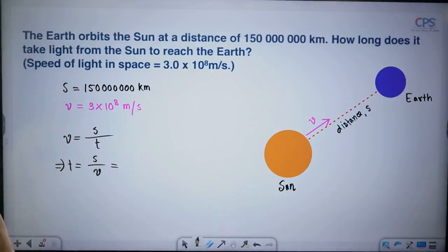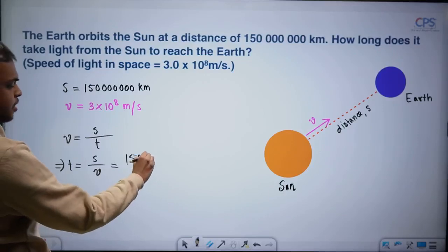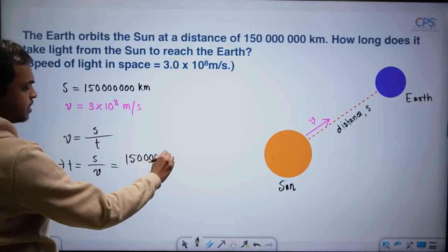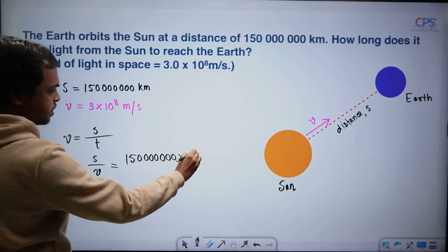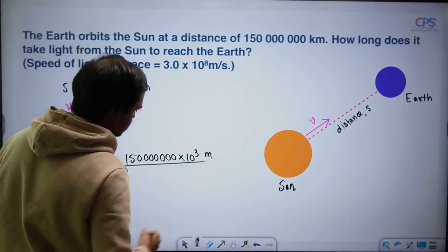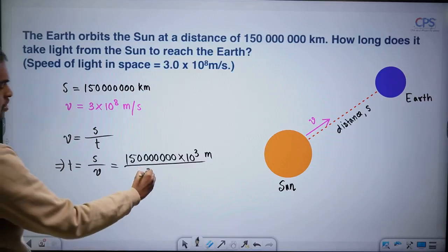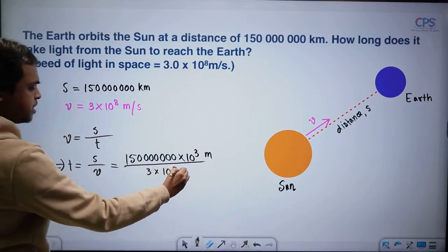So S, how much is S? 150,000,000 kilometers, so you have to convert it to meters. That's this much in meters divided by the speed, which is 3 into 10 to the power 8 meter per second.